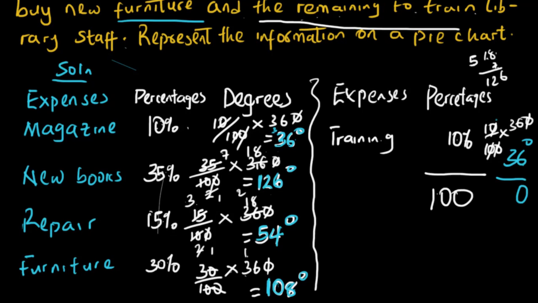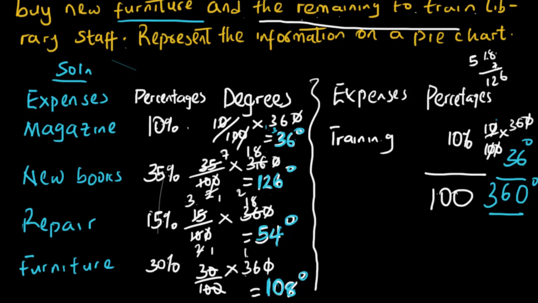So we have 3 plus 3 is 6. 6 plus 2 is 8. 8 plus 5 is 13. 13 plus 3 is 16. So we have 6 carry 1. So we have 1 plus 1 is 2. 2 plus 1 is 3. So we have 360 degrees, which means that we got the degrees correctly.